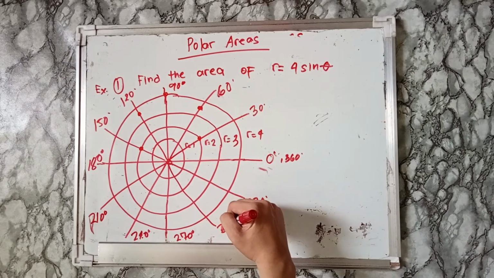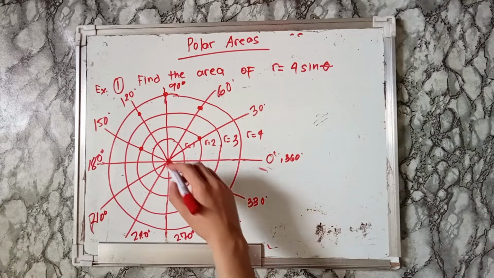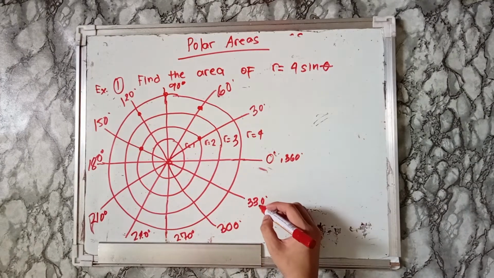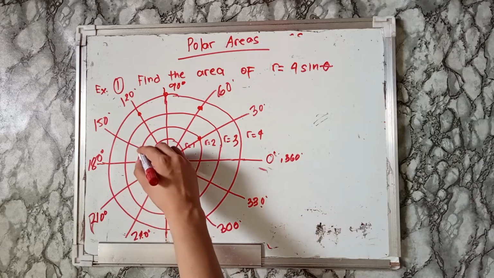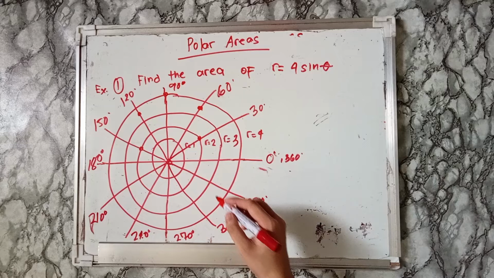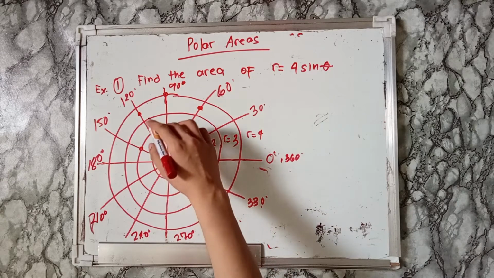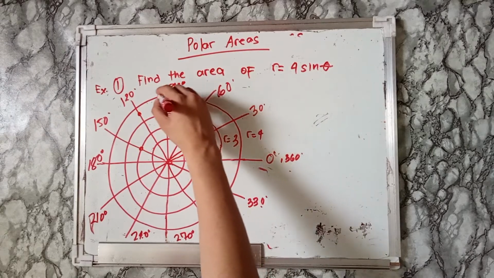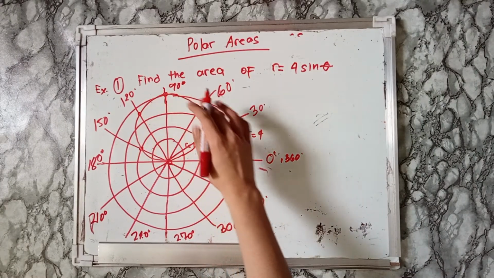And 300, we have negative 3.46, the opposite. And then 330 is negative 2, so the opposite is in here. And 360 is just 0. So this is actually a circle.